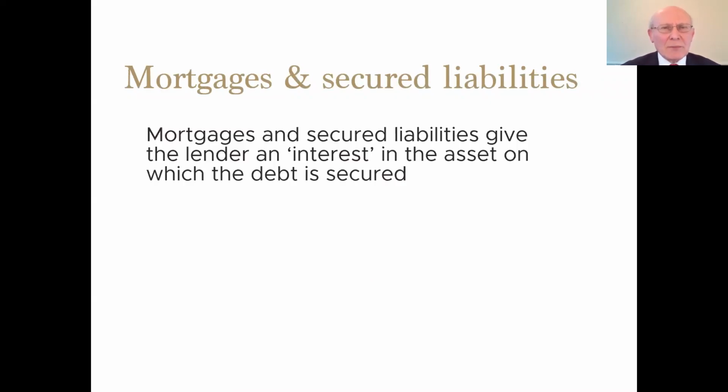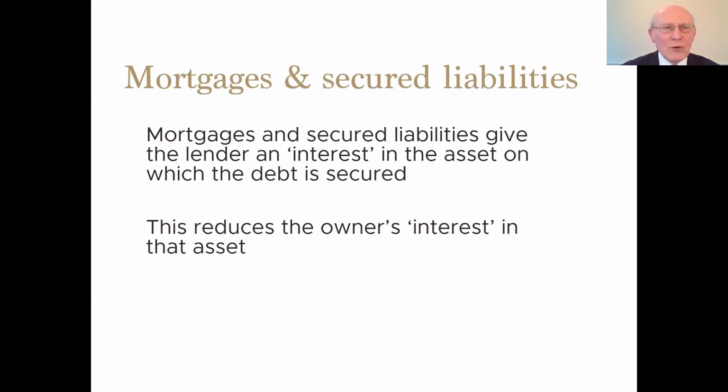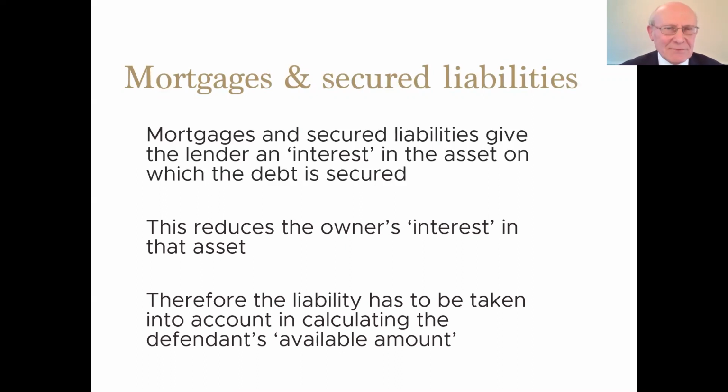Can I make a little point about mortgages and secured liabilities? Mortgages and secured liabilities give the lender an interest, a legal interest, in the asset on which the debt is secured. And because the lender has an interest in the asset, then the owner's interest in the asset is reduced.